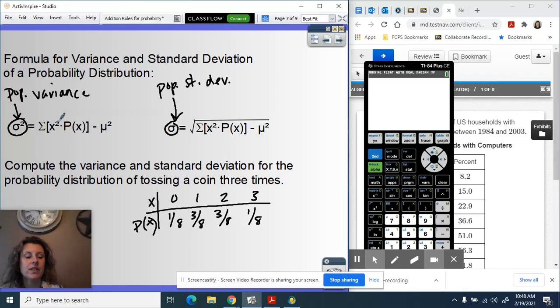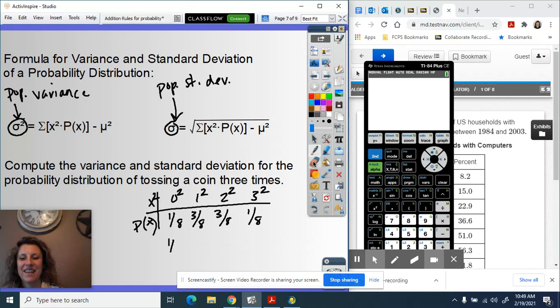Okay, what we do first is we multiply x squared times p of x. So I'm going to square these x values before we multiply down. So I'm going to take 0 squared, 1 squared, 2 squared, and 3 squared, before we multiply down. So 0 squared, that's still 0, times an eighth gives me 0. 0 times anything is still 0.